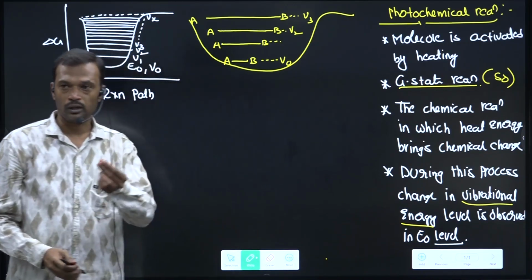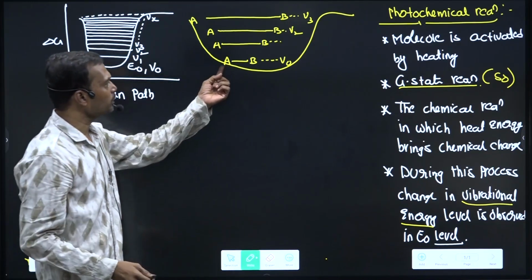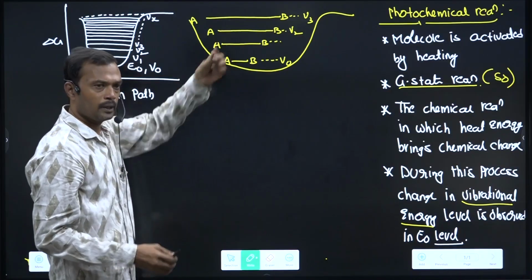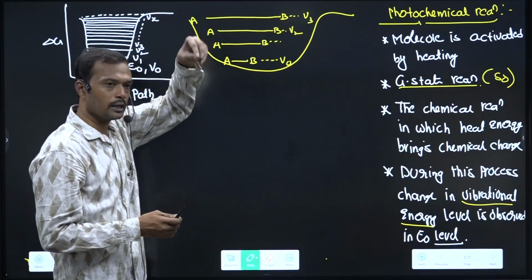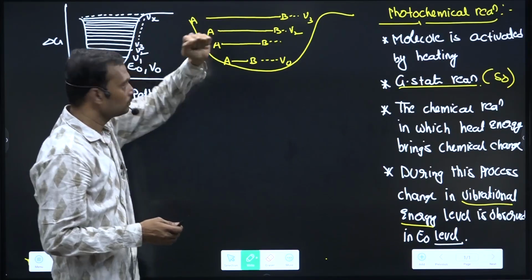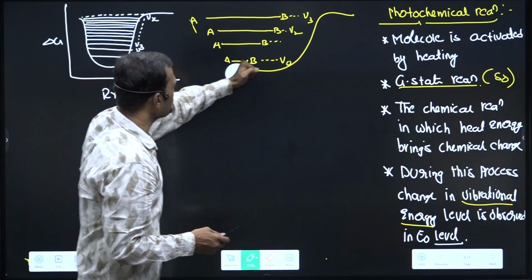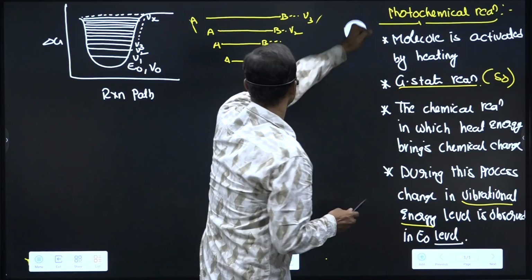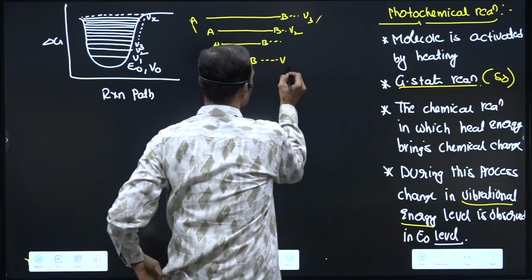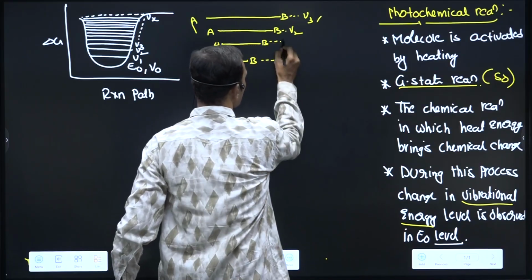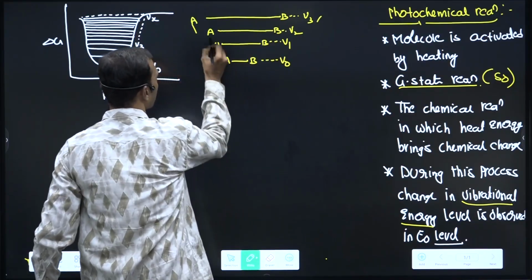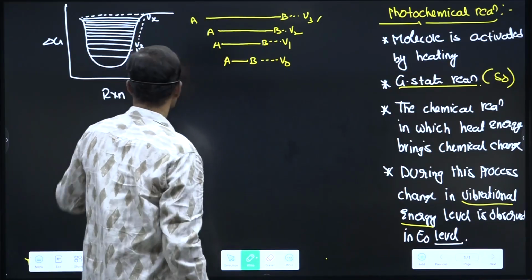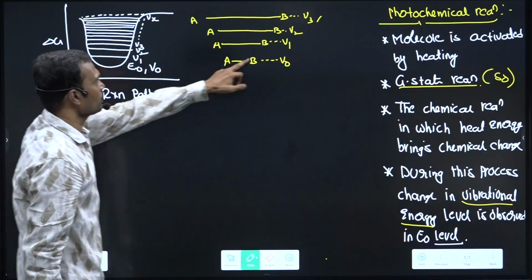So when you keep on giving energy, the bond length between A and B regularly increases. Does it keep on expanding continuously? Is it possible to expand the bond length continuously? Or at one stage will it break down? This is V1, V2, V3.